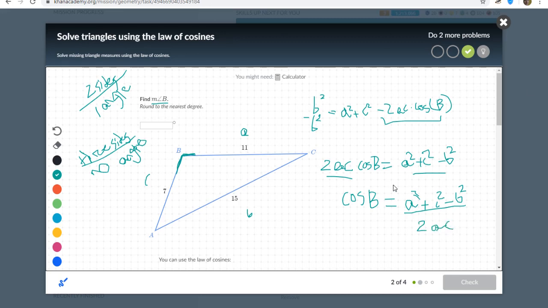Now we can start plugging our stuff in. We have a squared, which is 11 squared, plus 7 squared, minus 15 squared, over 2 times 7 times 11.